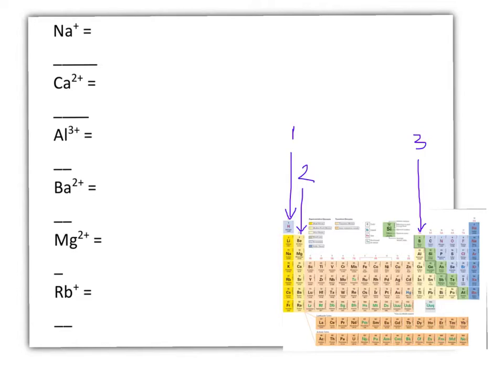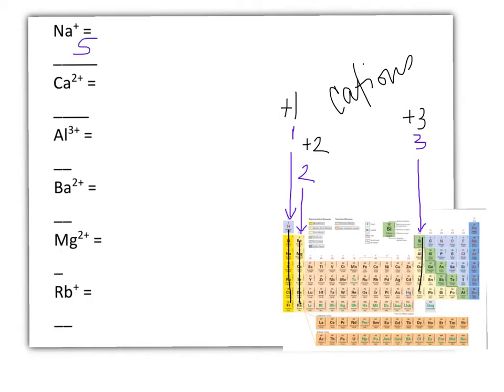And because it is easier to lose 1 than to gain 7, the charge here is +1, the charge here +2, and the charge here +3. So the elements in these families will lose electrons when they become ions, and that makes them positive. So all you do is name them. In cations, you just use the actual name of the element.